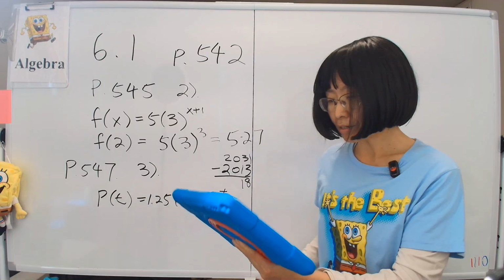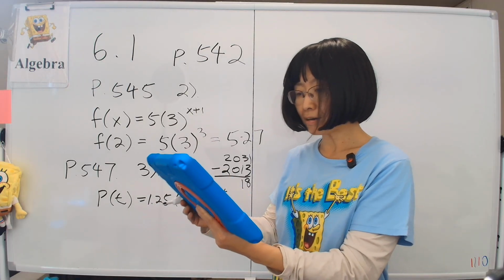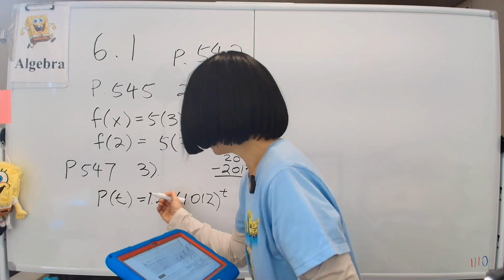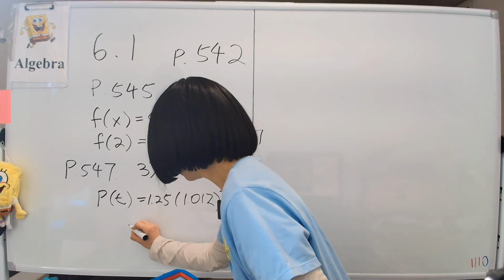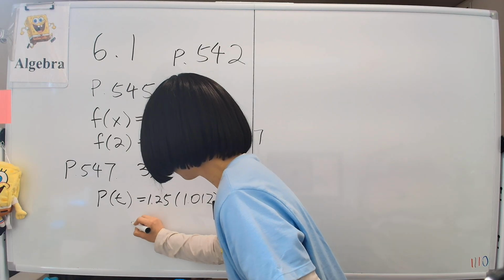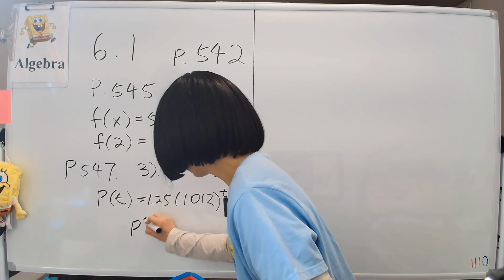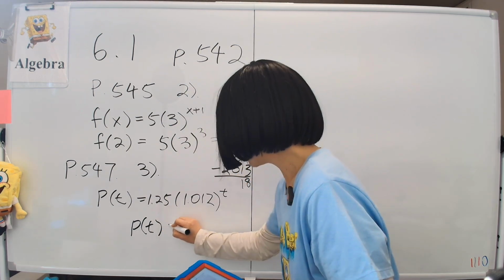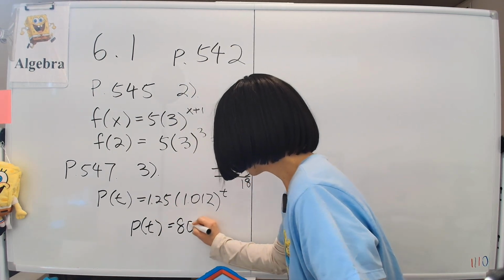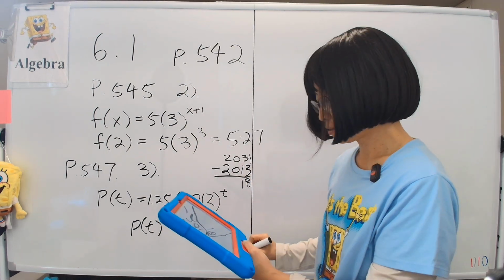So we start out with 80 deer, and the population formula stays the same. So P(t) equals the initial population, which is 80 deer, times what's the growth rate?